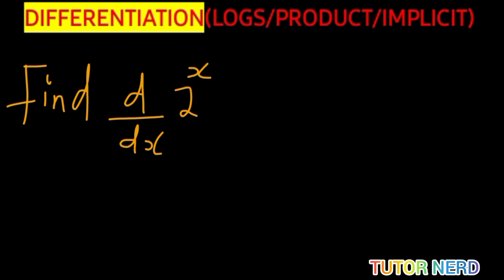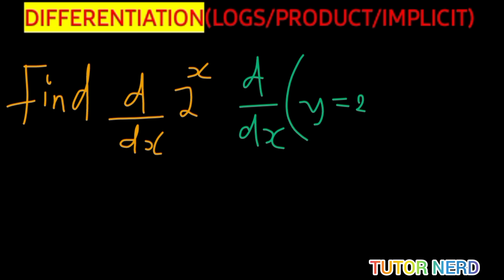Now, what we're going to say is this. We have d over dx of 2 to the power x. What we're going to do is introduce the y. So we are going to say y being equal to 2 to the power x. What I mean is this: we're going to say d over dx, open bracket, y being equal to 2 to the power x.